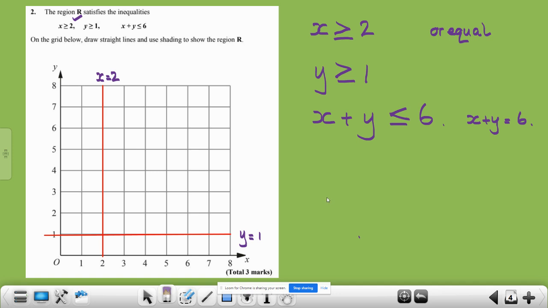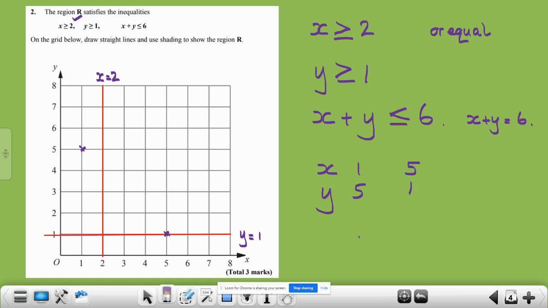So we could say, well, let's think if x is 1, y would have to be 5 because together they must make 6. So then we could say it the other way around, couldn't we? So therefore, if x is 5, y would have to be 1. So there's our 2 coordinates. When x is 1, y is 5. And when x is 5, y is 1.